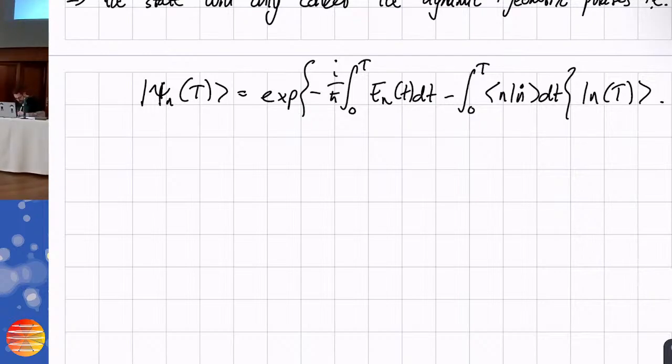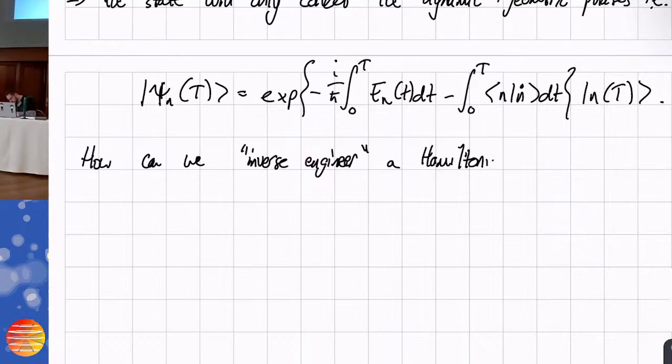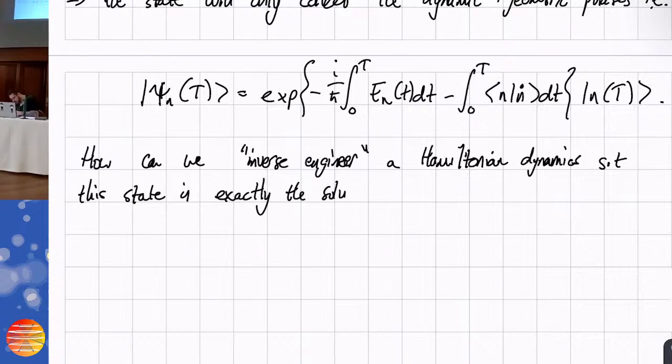So Berry asked, how can we inverse engineer a Hamiltonian, or dynamics, such that this state is exactly the solution of the time-dependent Schrödinger equation?